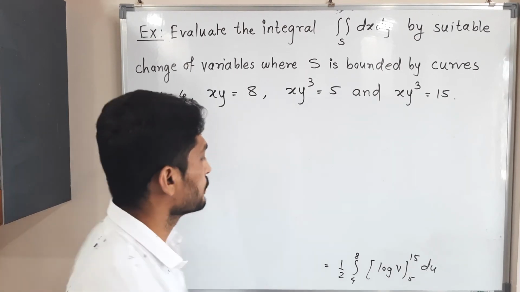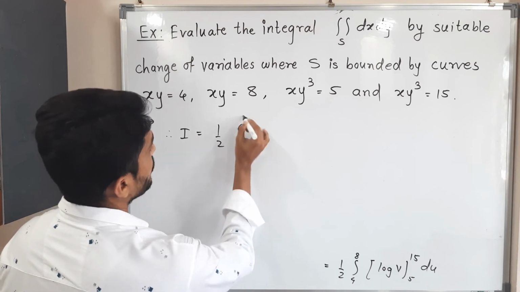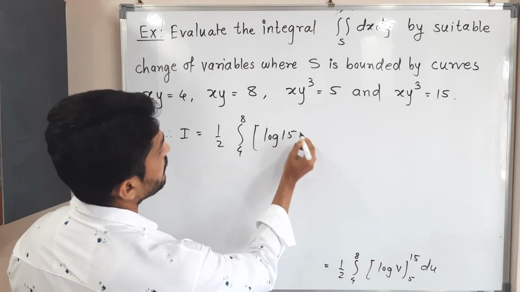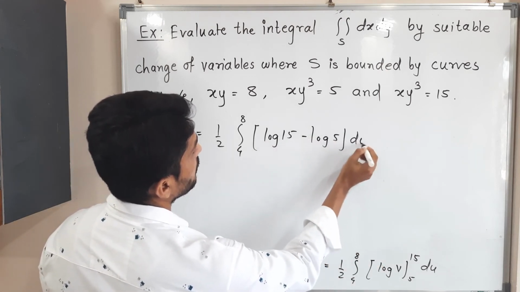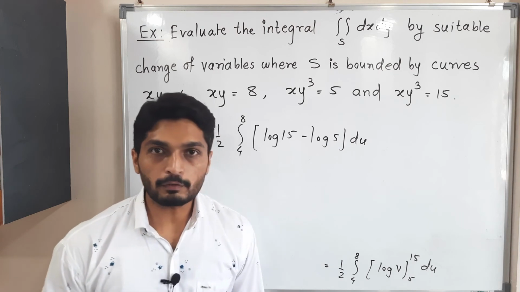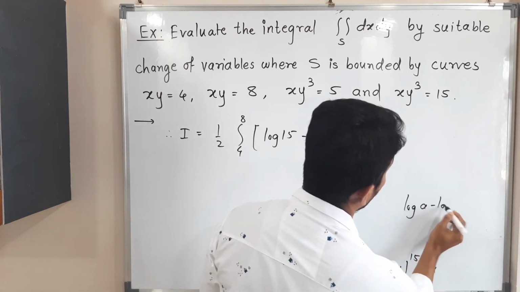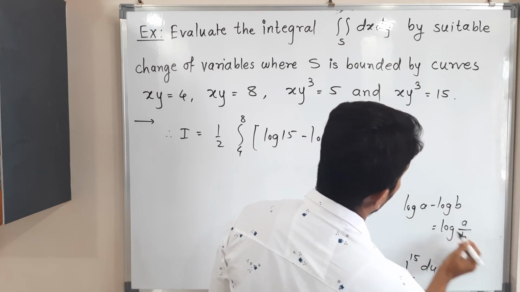So let us continue. So 1 by 2, integration 4 to 8. I put the upper limit, so we have log 15. If I put the lower limit, log 5, du. You know the property log a minus log b is equal to log a by b.